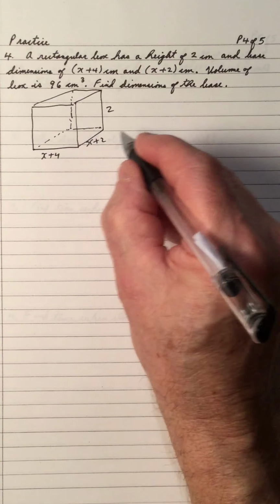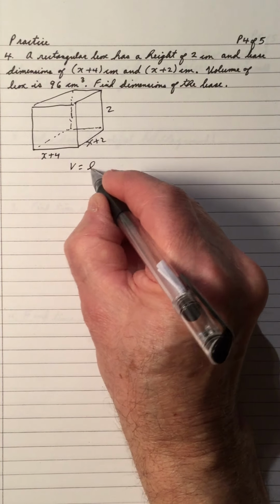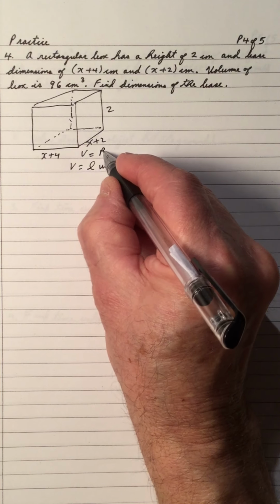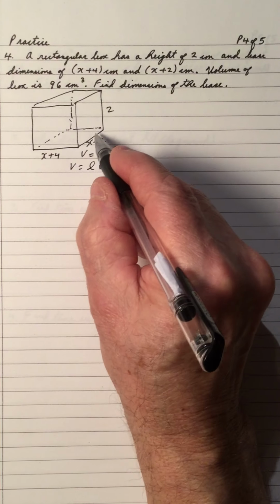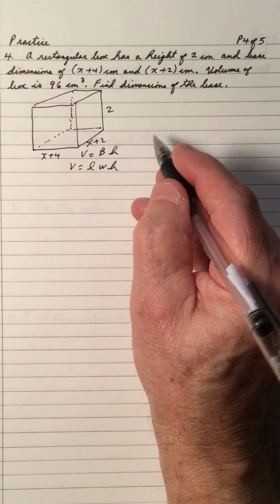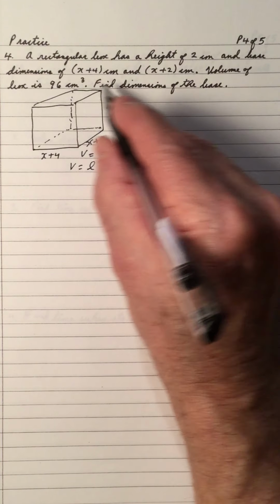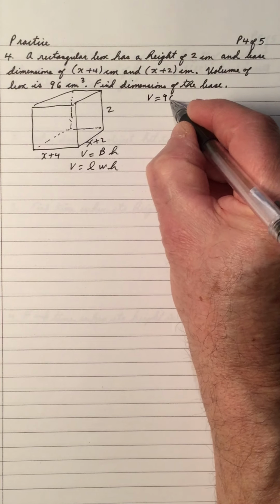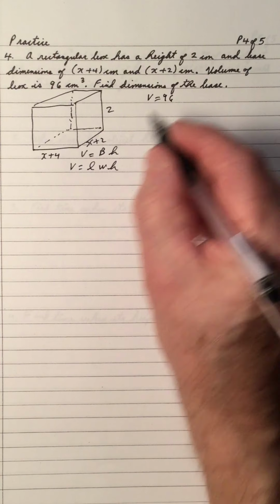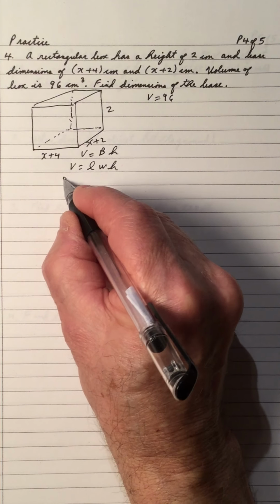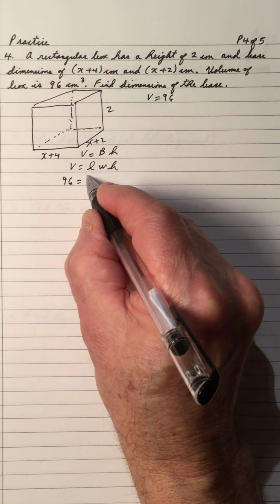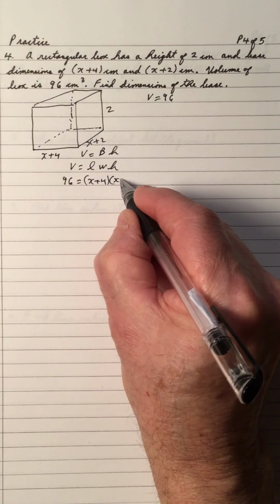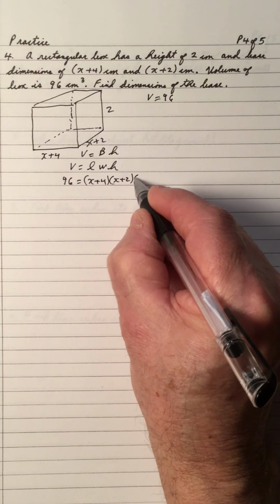We know that the volume of the box is length times width times height, where the volume is base area times height, and the base is a rectangle, which is length times width. We're given that the volume is 96 cubic centimeters. So we have the volume is 96, the length is x plus 4, the width is x plus 2, and the height is 2.